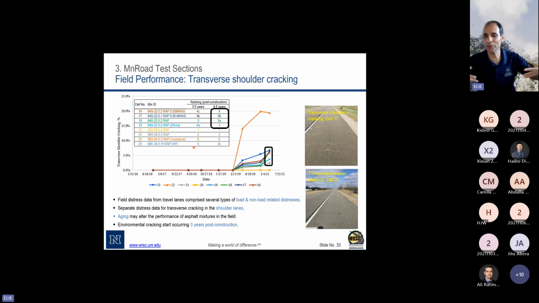Most importantly, you need to match them, because in the lab you're doing some sort of aging, and you want to match that aging with what's happening in the field. If you compare them early on, when the mix hasn't aged enough, you're not going to see a good correlation. If you compare them here, even though some of them are cracked, if that aging level doesn't match your aging in the lab, you're not going to see good correlations. So it is important to match them together.